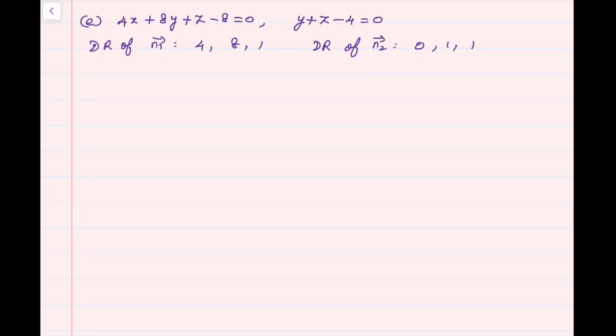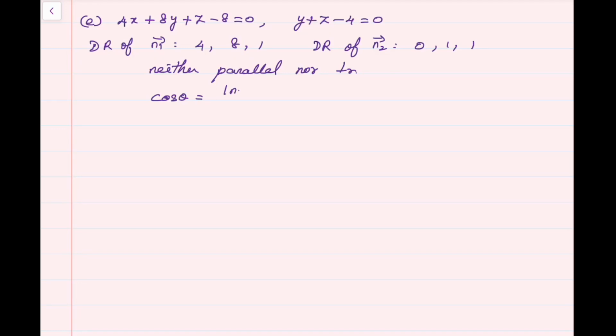They are not proportional. Even the dot product is not 0. So, they are neither parallel nor perpendicular. In such cases, we have to find the angle between them.